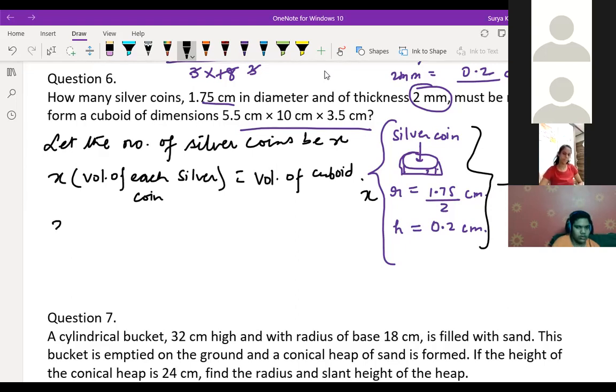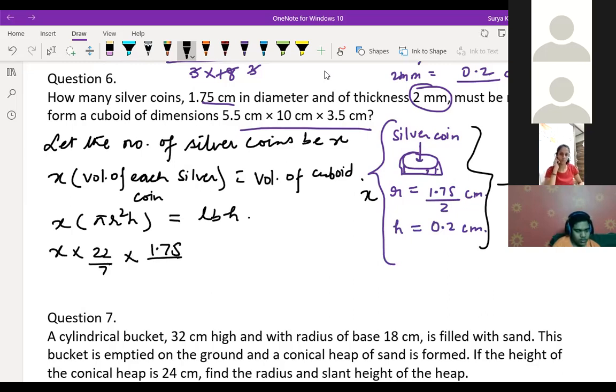Now x into volume of silver coin, that is pi r square h, is equal to volume of cuboid, that is LBH. So x into 22/7 into 1.75 divided by 2 into 1.75 divided by 2 into 0.2 is equal to 5.5 into 10 into 3.5.